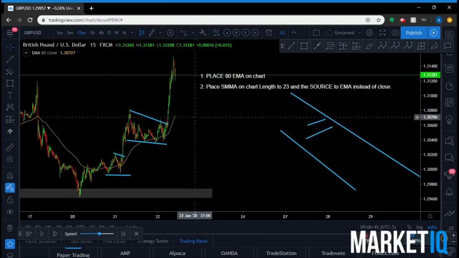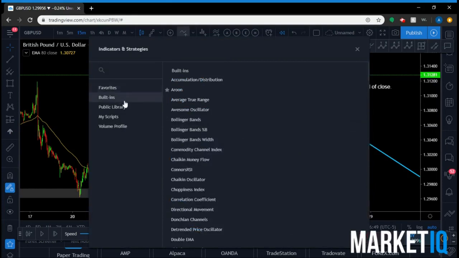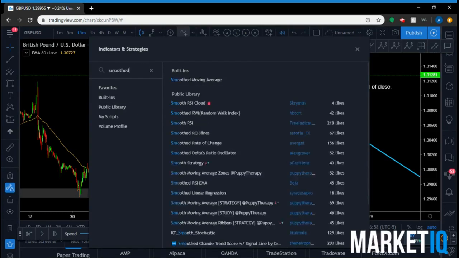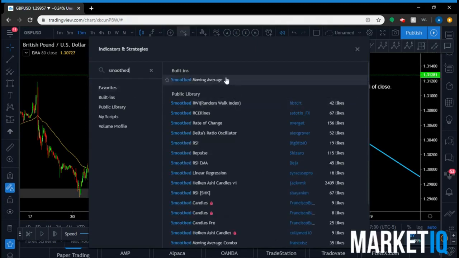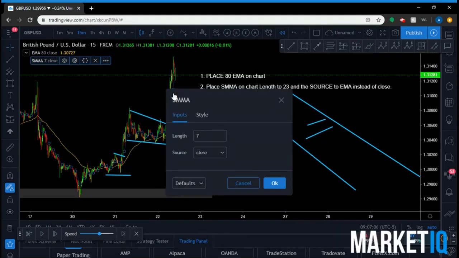Now step two, place SMMA on your chart. And you have to put 80 first, otherwise you won't have anything to bind your SMMA to. So to find your SMMA, type in the word smoothed. And it will give you your SMMA. Your default length will be set to 7. Again, change that to 23.